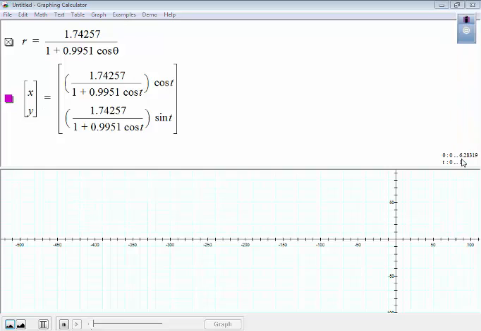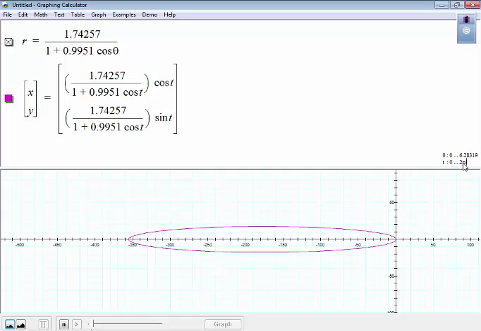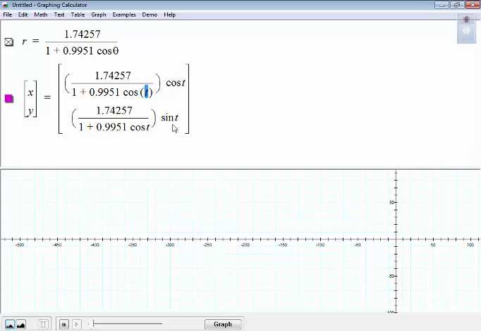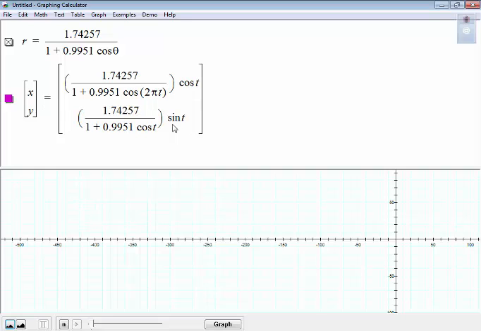So if I let my t go from 0 to 2 pi, I see that I'm graphing the whole thing again. But we changed it, right? We changed it to something else. So let's change this parameter into 2 pi t.